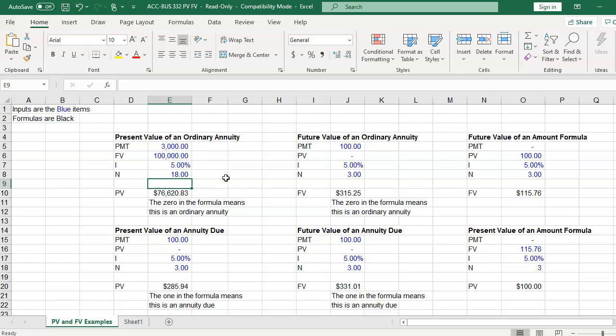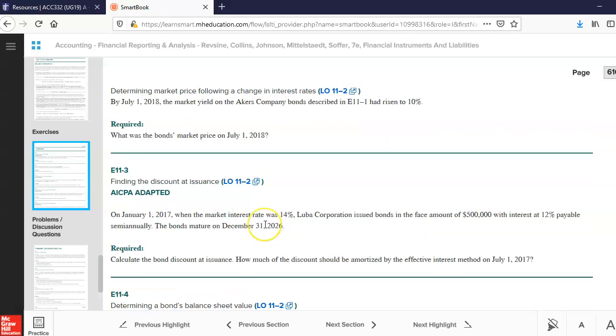I do that and I get my new value, which is 76,620.83, or to round it, 76,621. Okay, so it's just taking that same scenario and making a couple little changes to it. So still the present value of the ordinary annuity concept. Okay, so that was question 2.